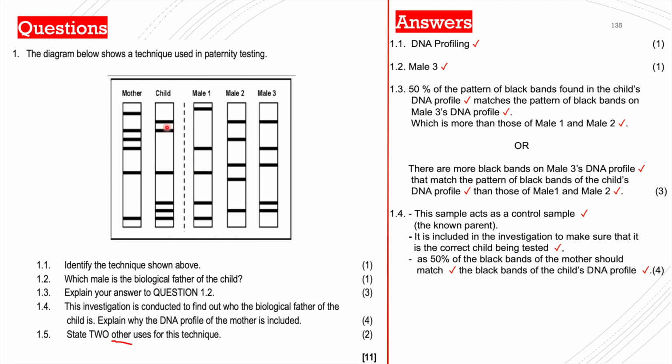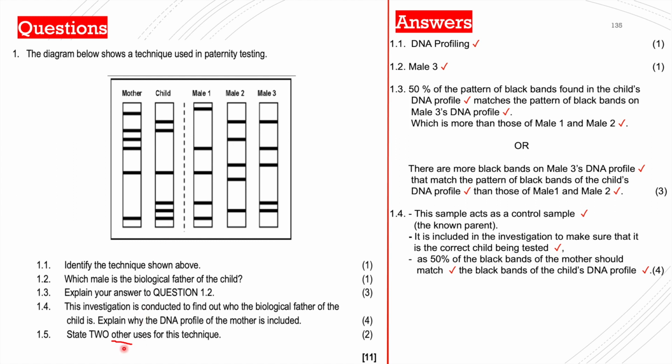Because in this instance, we were determining who among these 3 males is the biological father of this child. Identifying who a father is to a child is determining a relative, because a father is a direct relative of the child. And which relative were we determining? Who amongst these 3 males is the biological father to this child?